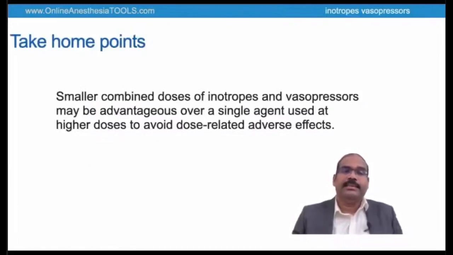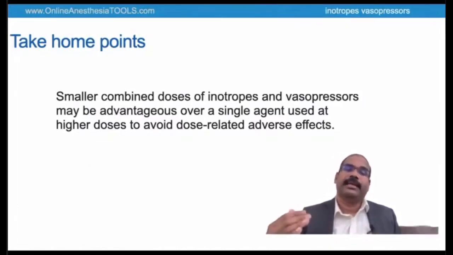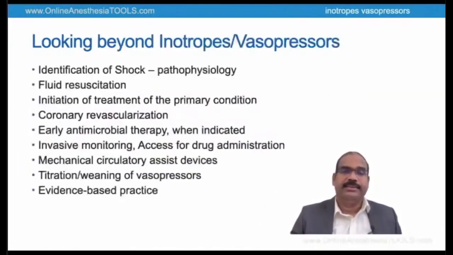Okay, summarizing take-home points: smaller combined doses of inotropes and vasopressors may be advantageous over a single agent used at maximal and higher doses. This practice helps us to avoid dose-related adverse effects. Looking beyond inotropes and vasopressors, we are looking at a life-threatening case, so identify the shock pathophysiology.